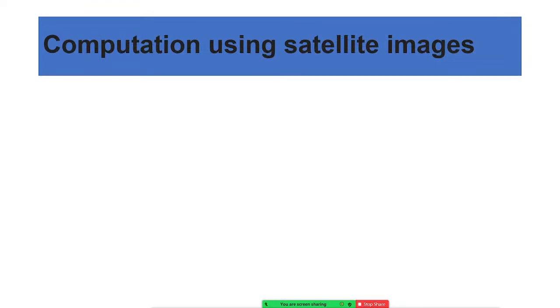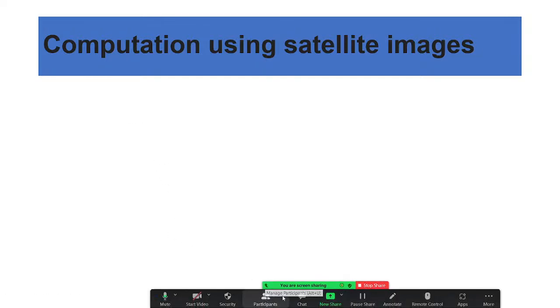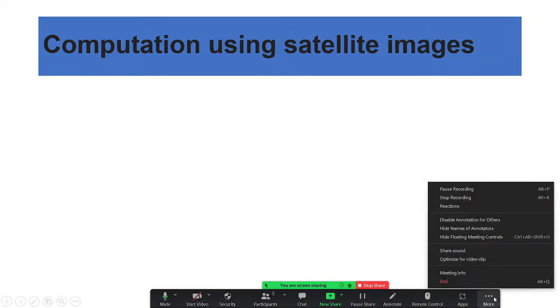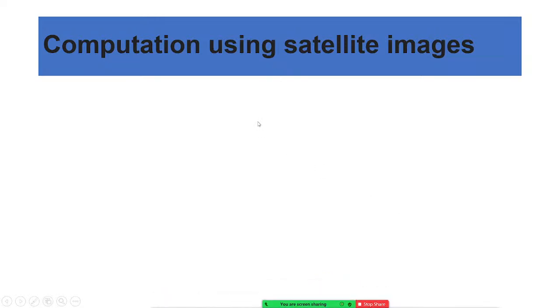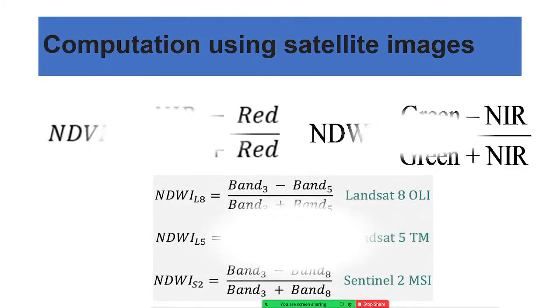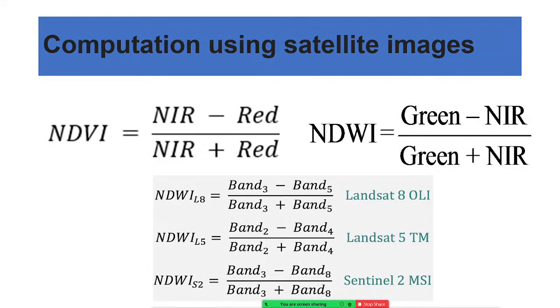I will discuss how you can easily compute different types of satellite indices. Suppose you can see there are different types of equations, such as NDVI: near minus red divided by near plus red. For NDWI: green minus near divided by green plus near, or any other indices. You can easily calculate any other indices using this Google Earth Engine platform. And now I will try to discuss how you can easily do it.